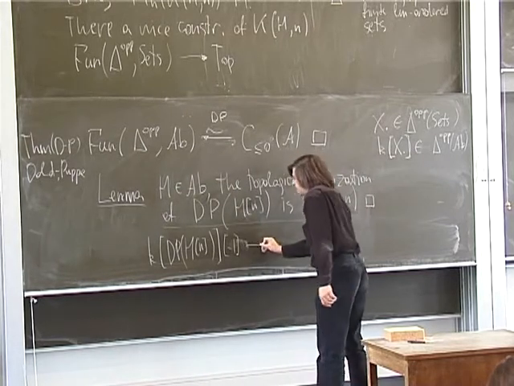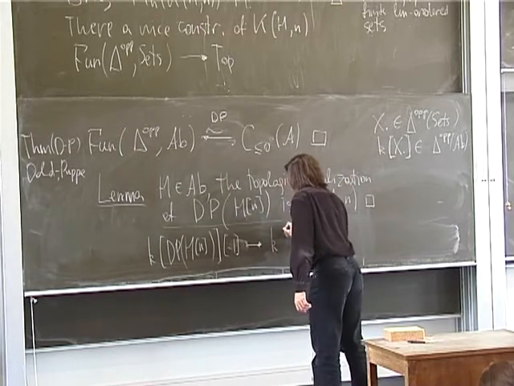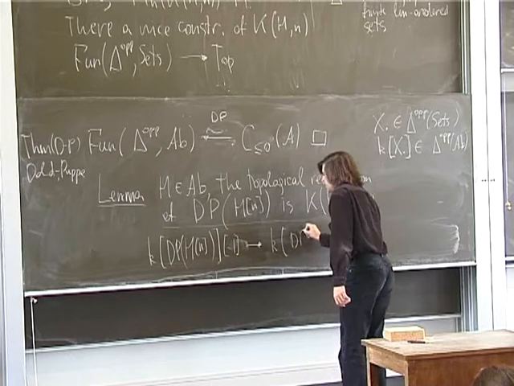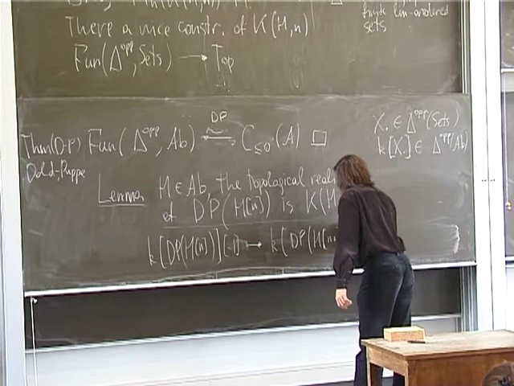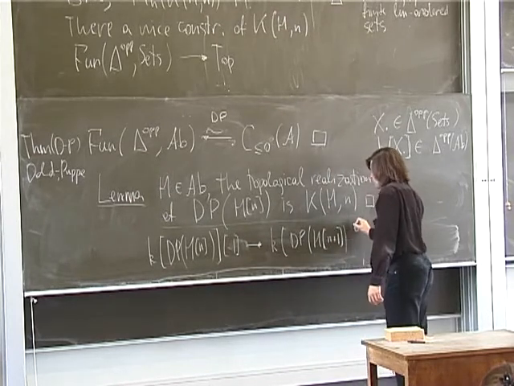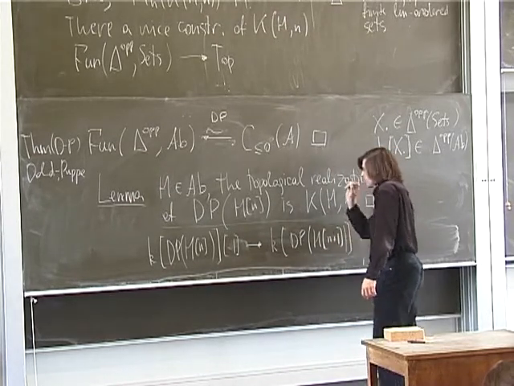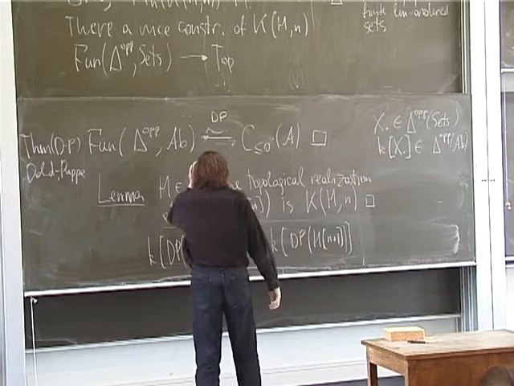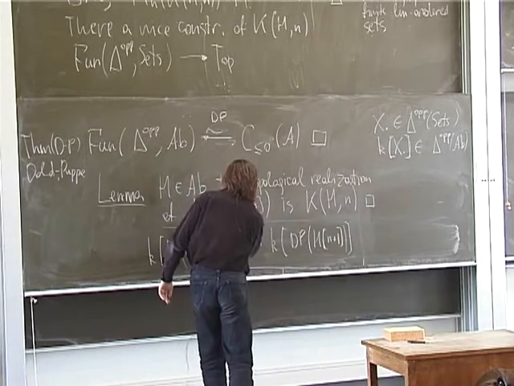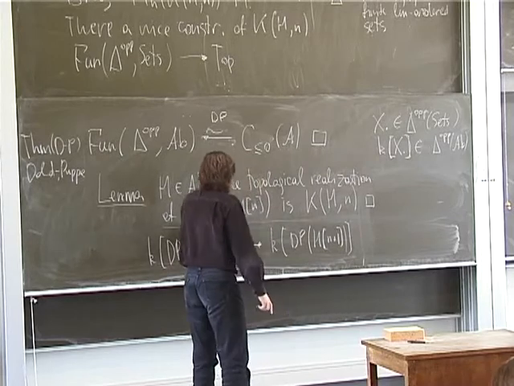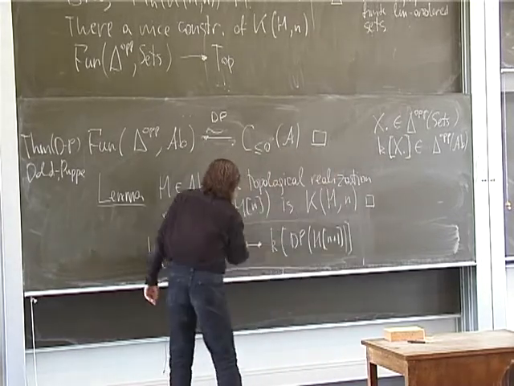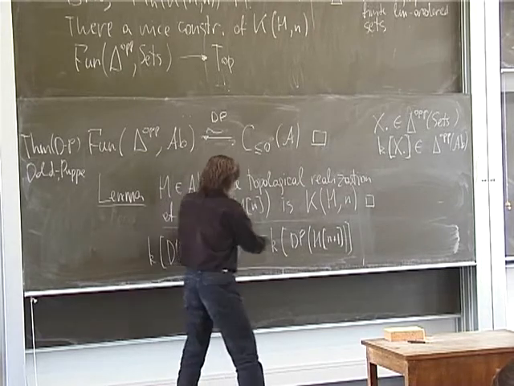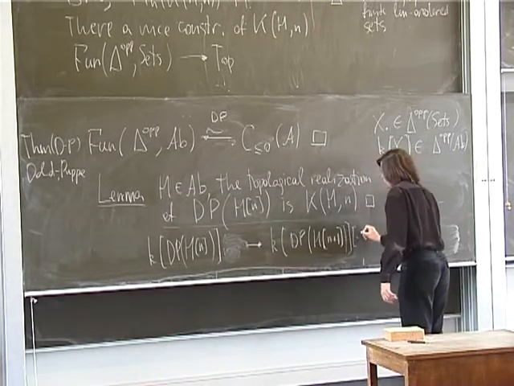And the claim is that this maps into k of dp, dp of h of n plus 1. I think, sorry, the shift is by 1 here. Or you can move the shift here, changing the sign.